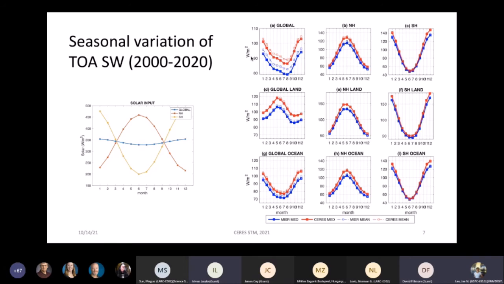Shown here are annual cycles of global mean and median for global, northern hemisphere and southern hemisphere, and also for land and ocean. The filled marks represent median values of the flux, and unfilled marks represent the mean of the fluxes. In most of the cases, the mean values are higher than median values.